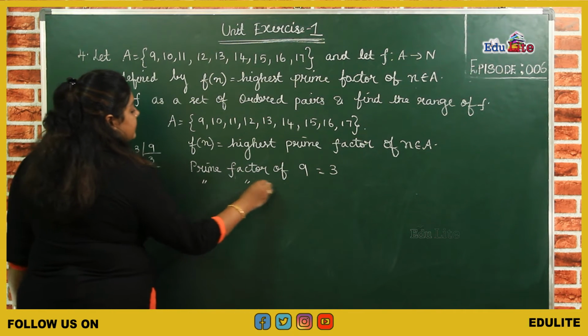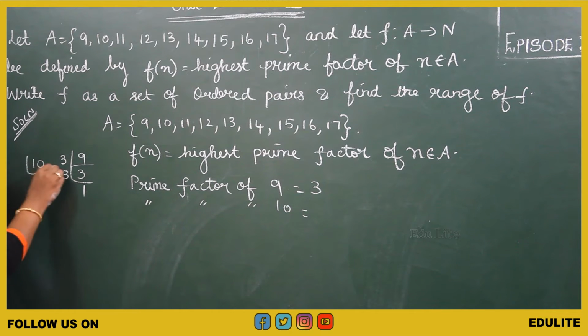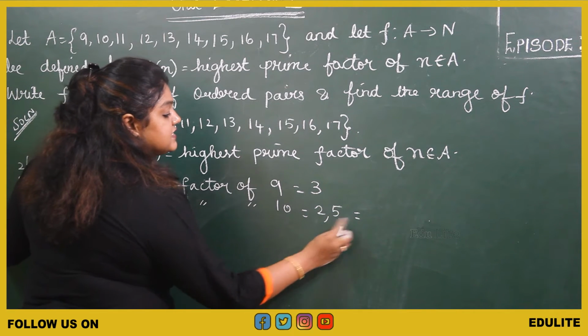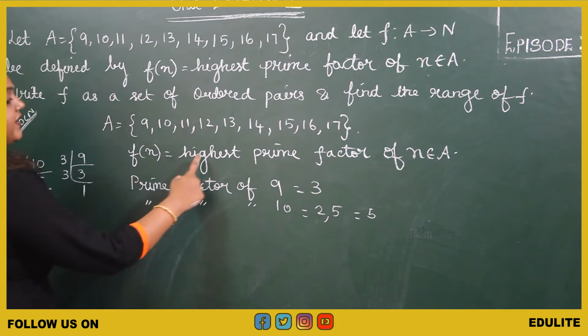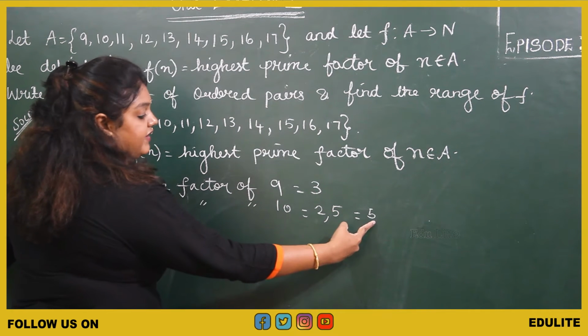Next, prime factor of 10. Similarly for 10, 2 fives are 10, and 5 is a prime number. So 2, 5, where the highest is 5, because what is asked is the highest prime factor of n in A. Among 2 and 5, 5 is the highest.